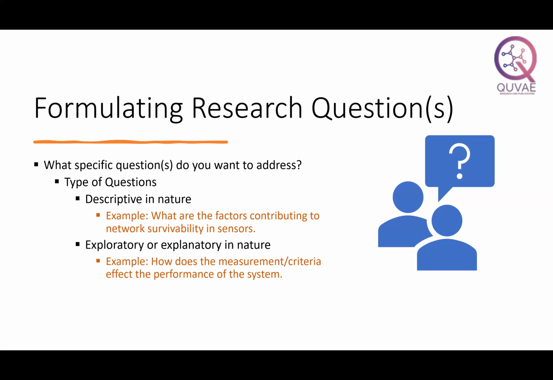For example, how does the measurement or the criteria of certain things affect the performance of the system? This question aims to explore the impact of measurement criteria on the system performance by providing insight into the causality or the relationship.